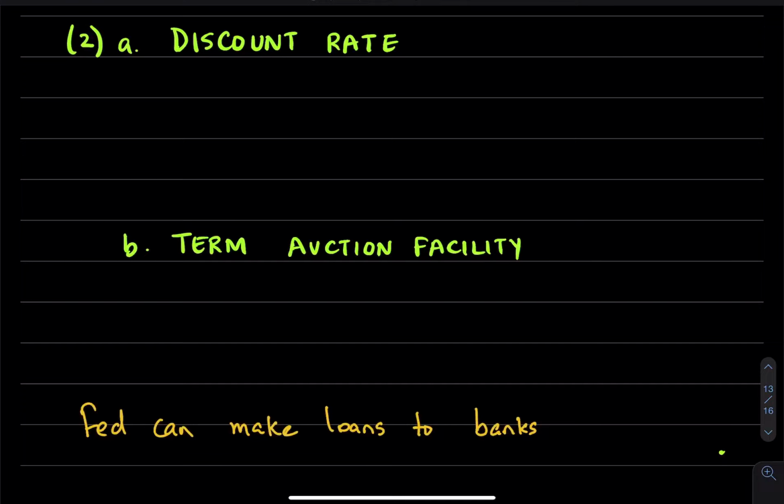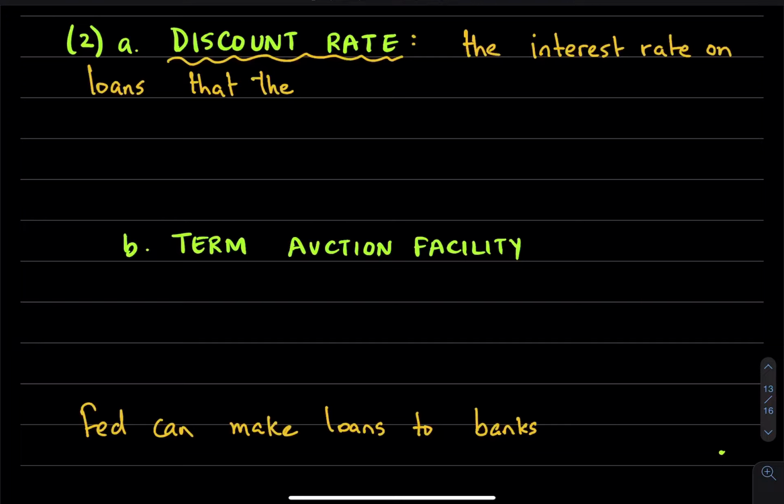So in the traditional method, which is using the discount rate, the discount rate is basically the interest rate on loans that the Fed makes to banks.